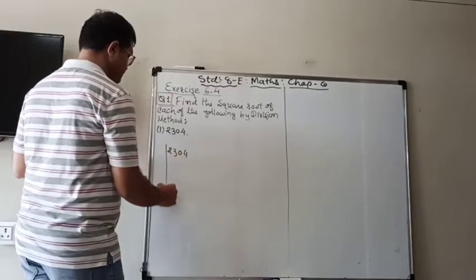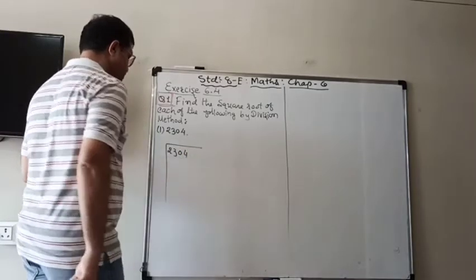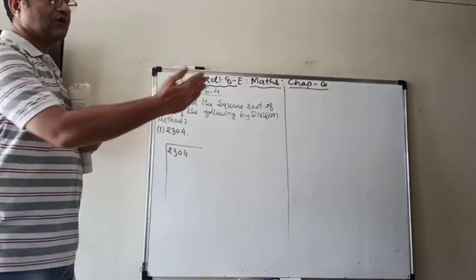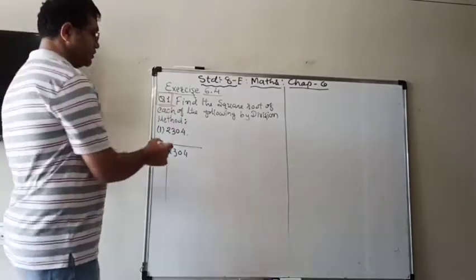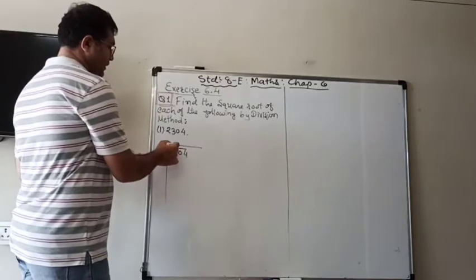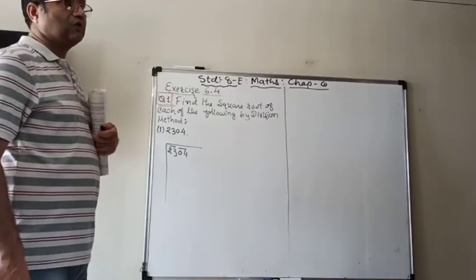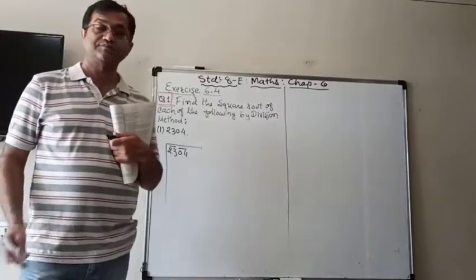2304, we write down for the division and then make the pairs from the unit digit. So one pair and the other pair. Now the first pair is 23.